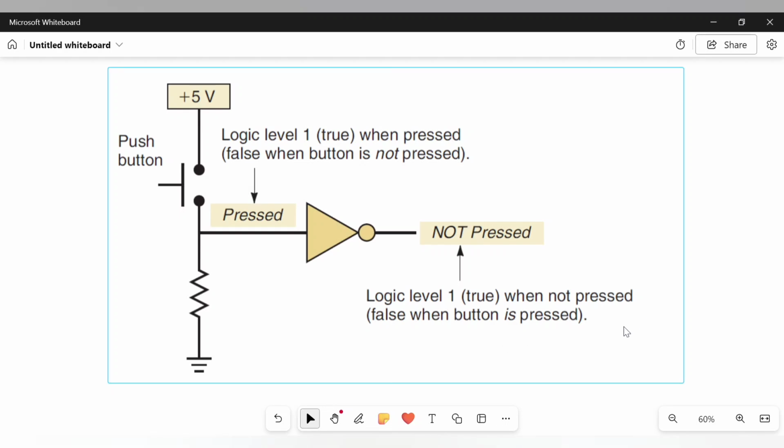When the button is pressed, the output will be not pressed, and that indicates logic level 0. And when this button is not pressed, then the output will be pressed, and this output will indicate logic level 1 for that case.